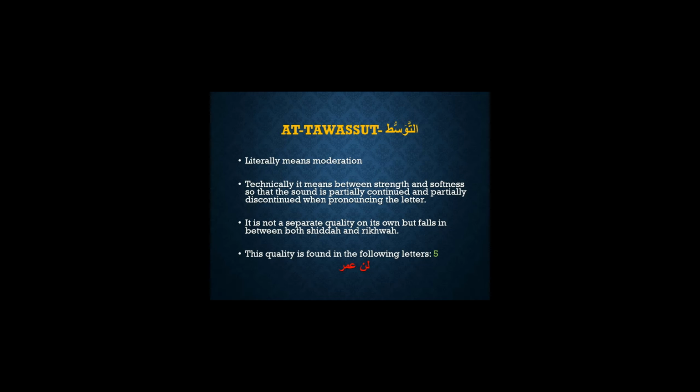But since 50% of the makhraj of noon is through the nostril, that continues to come through the nose. So the sound continues, but not from the whole makhraj. Half of the makhraj is closed, half is opened. That is why this is in between.